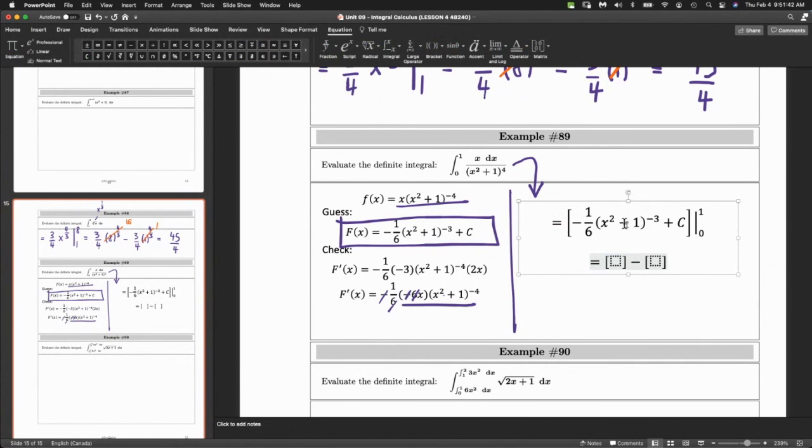So if you put 1 in here, you get negative 1 over 6. And then you get 2 to the negative 3. And if you put 0, you get negative 1 over 6. And then you get 1 to the negative 3. My apologies.